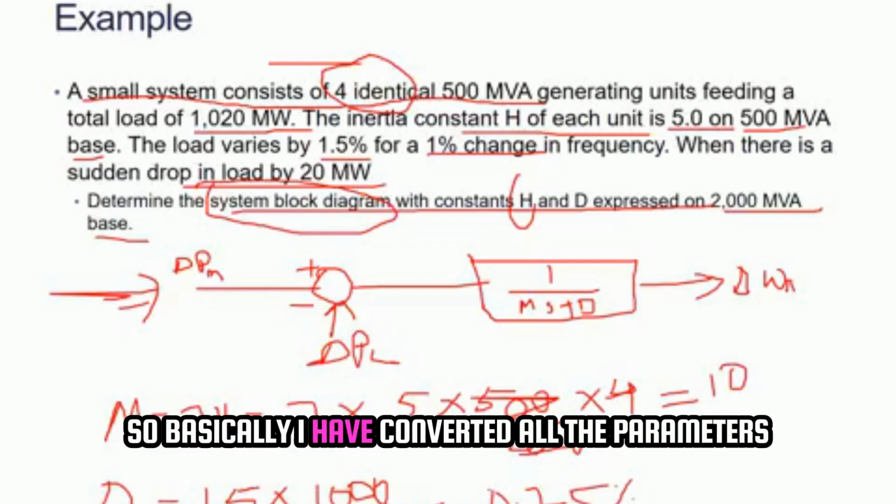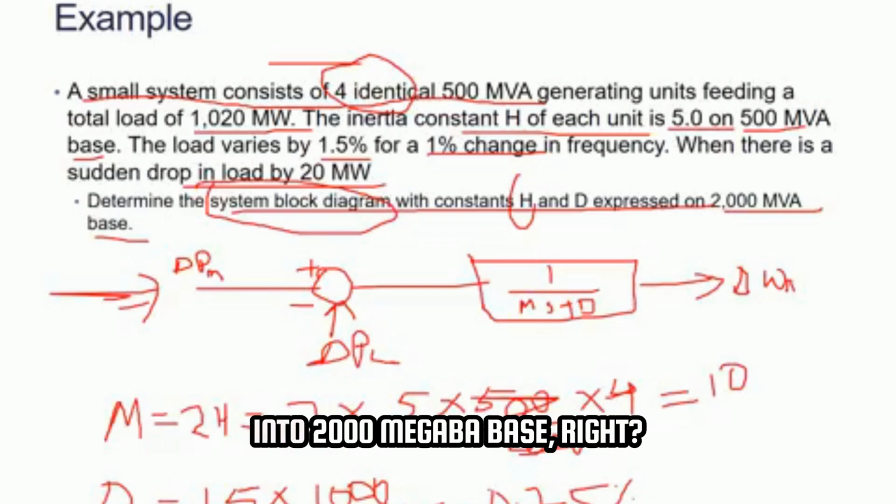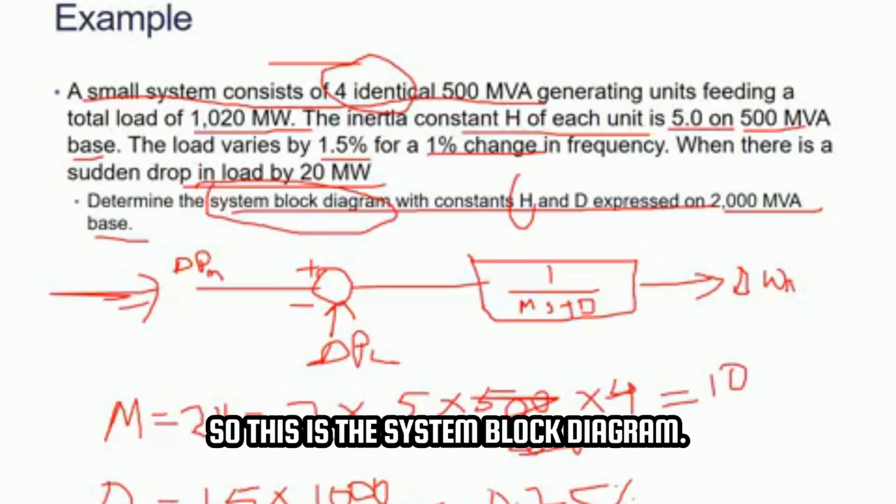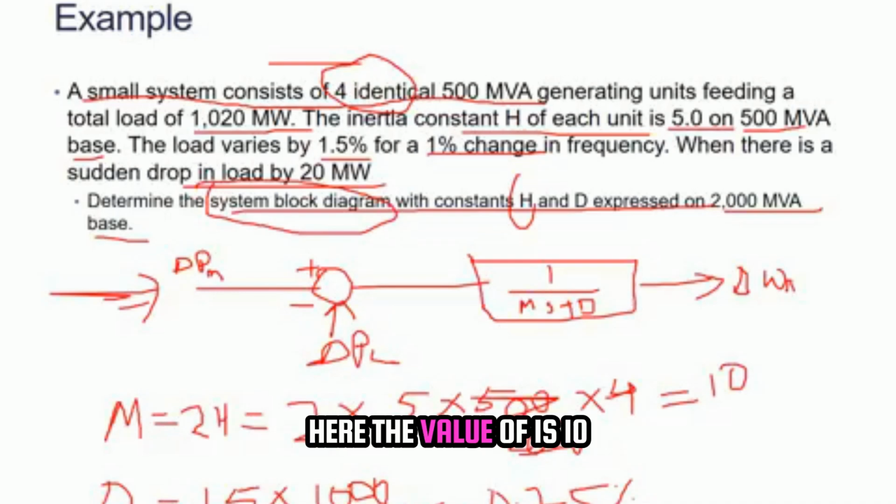So basically I have converted all the parameters into 2000 MVA base. M and D both are in per units. So this is the system block diagram. Here the value of M is 10 and the value of D is 0.75.